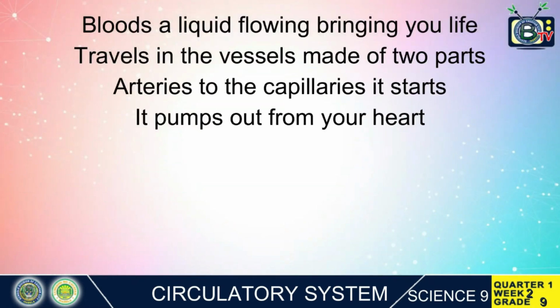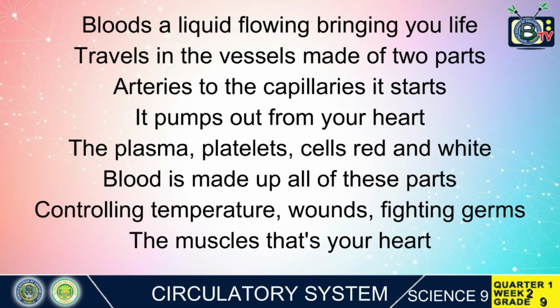There's a liquid flowing, bringing you life, travels in the vessels made of two parts. Arteries to the capillaries it starts. It pumps out from your heart. The plasma, platelets, red and white, is made up of all of its parts, controlling temperature, fighting germs.